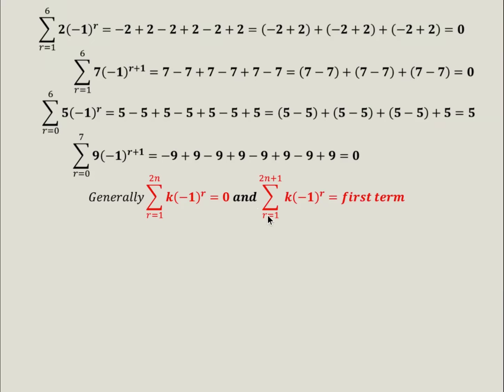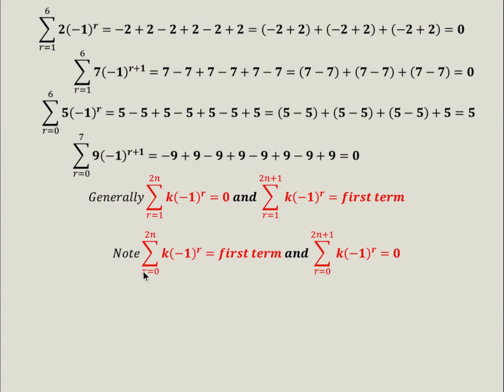When you have summation from r equals 1 to the upper limit, which is an odd number, and you're dealing with an alternating constant series, the terms would cancel out to leave out the last term, which corresponds to the first term of the series.